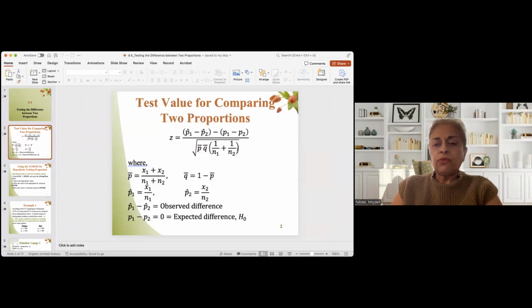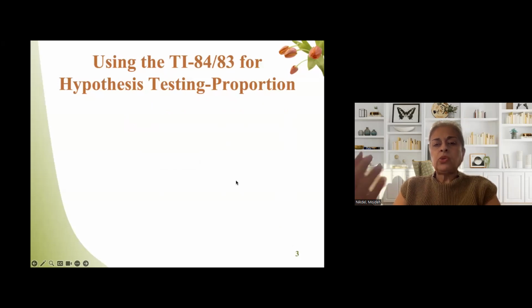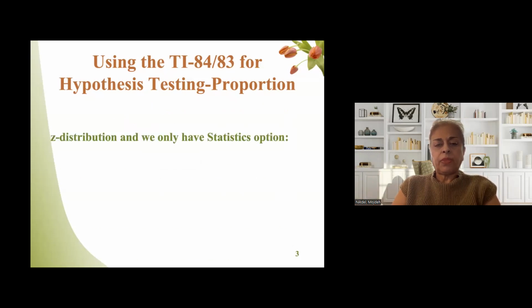This is the formula for the test value. You don't have to use this formula because the calculator will give you the number. So how do we use our calculator to do hypothesis testing to find the test value and p-value?